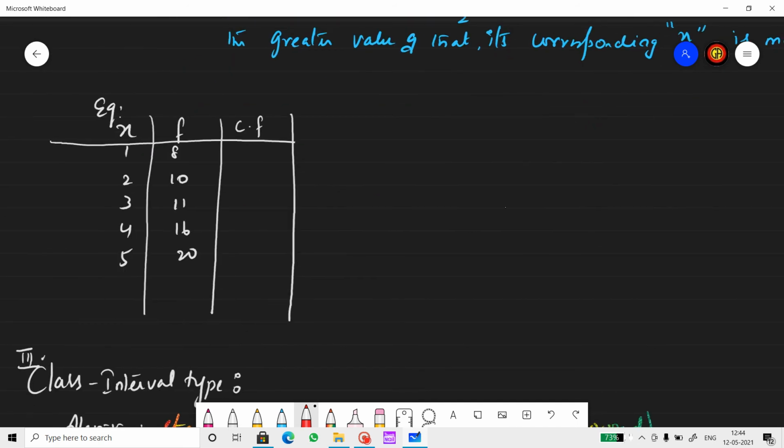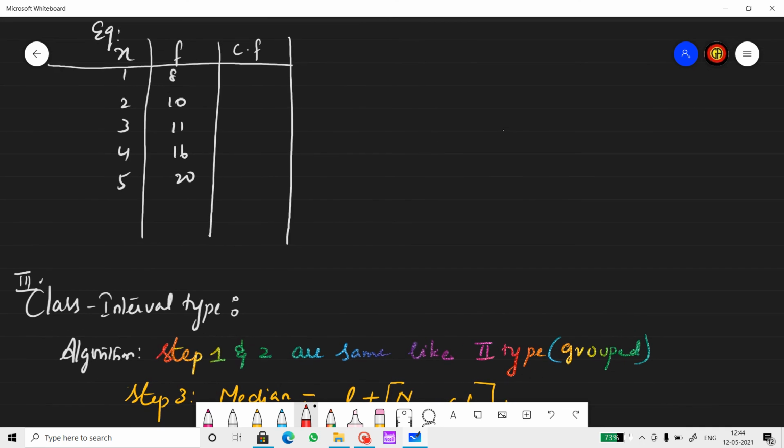Alright? Let's do a sum and get this idea fixed. So X and F are given. Whenever F is given, we call this discrete data or grouped data. Cumulative frequency: 8 as it is. 8 plus 10, 18. 18 plus 11, 29. 29 plus 16, 45. 45 plus 20, 65.